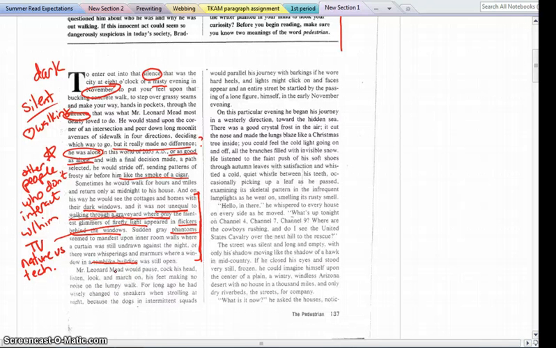We've got gravestone, tomb-like, gray phantoms. What is the sense that Bradbury is really trying to give you here? Okay, so if you haven't already written this in the margin, you definitely should be writing death-like.